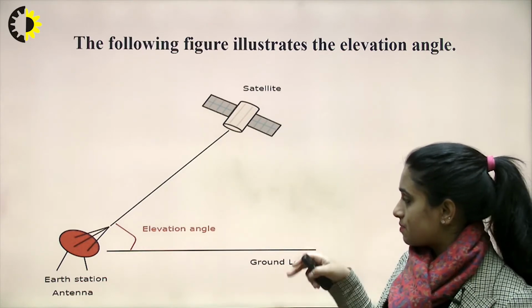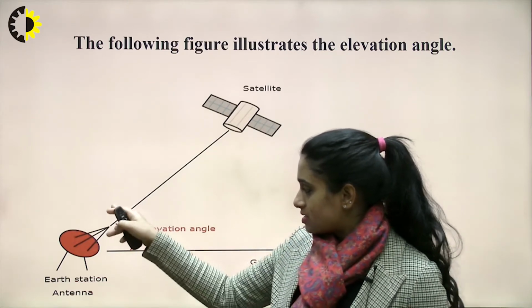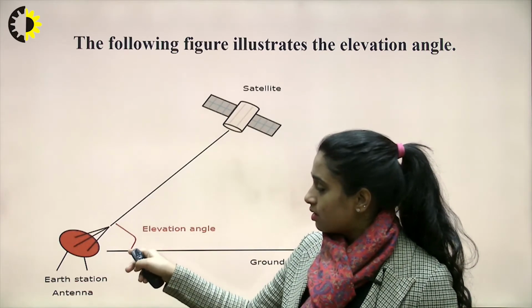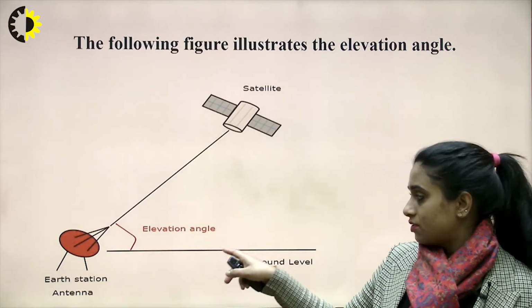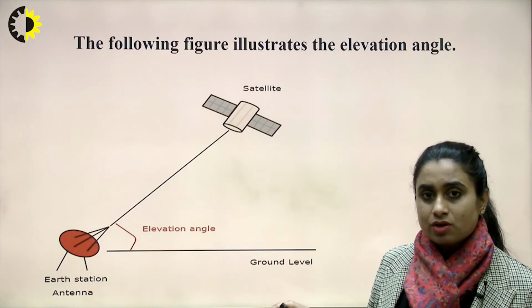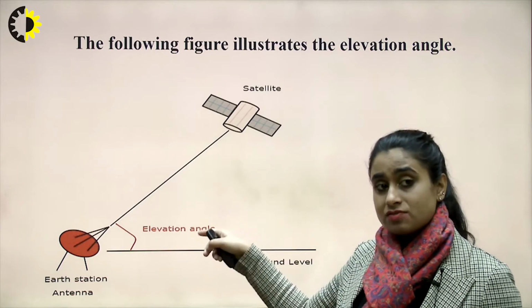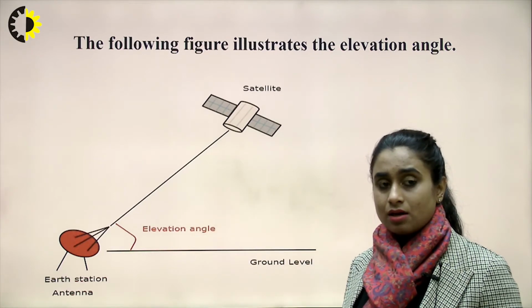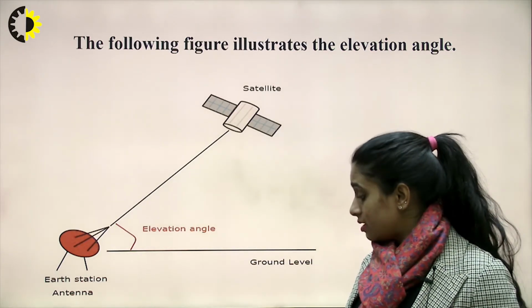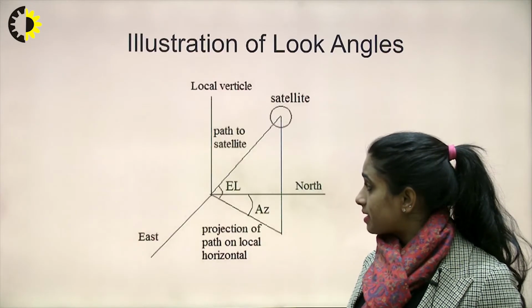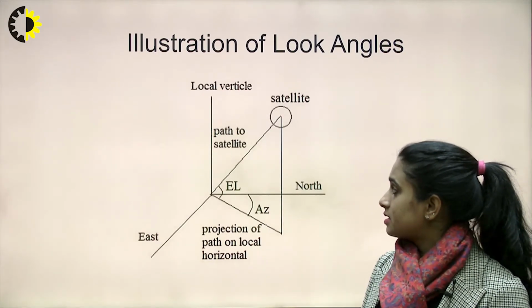If I consider this as my vertical plane, this line I have drawn perpendicular to the local horizontal plane, so the vertical plane can be drawn 90 degrees to the local horizontal, and the angle between the projection of the satellite and that vertical plane gives me the elevation angle. Both these angles are depicted in this picture here. We can see the difference.